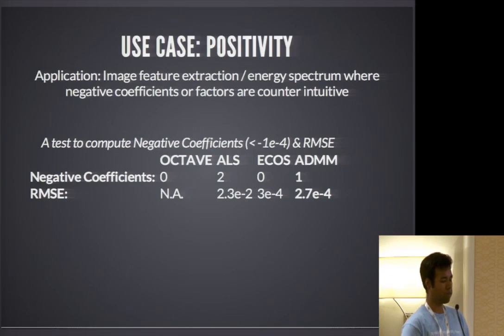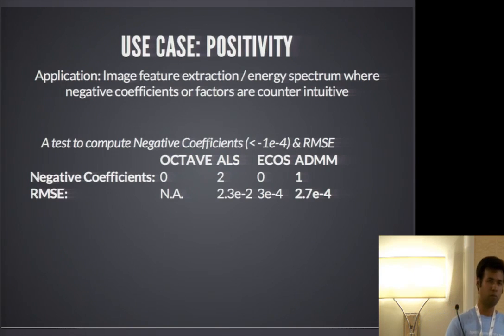Now I will show you some use cases of applying these. The first use case is what if we have some positivity, where all the factors should be positive. This is very common for cases where you are doing feature extraction from photographs, where you can't have factors with negative numbers.